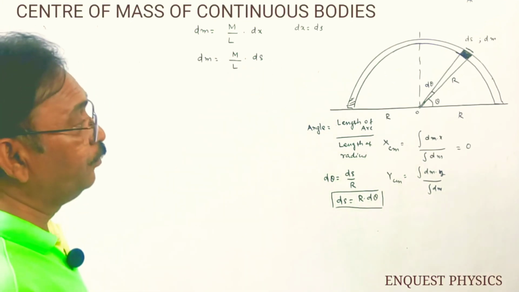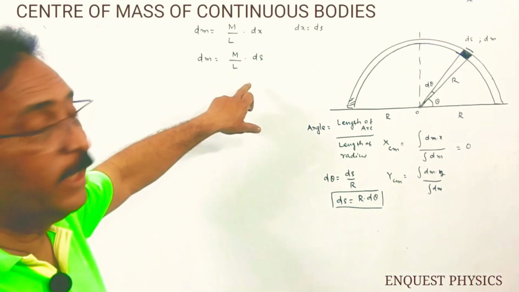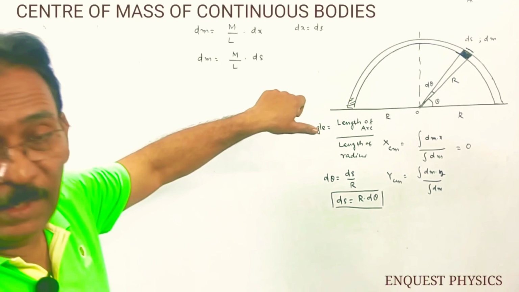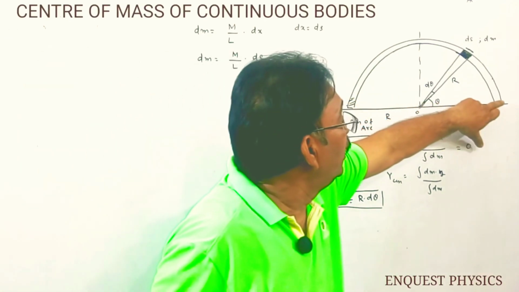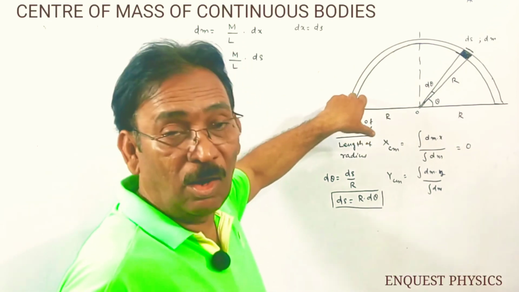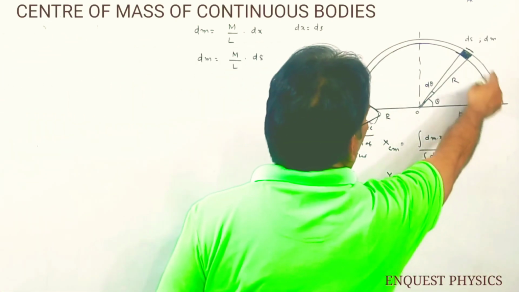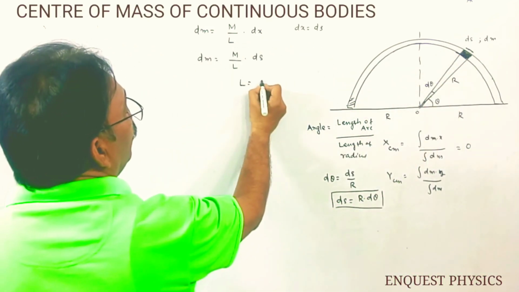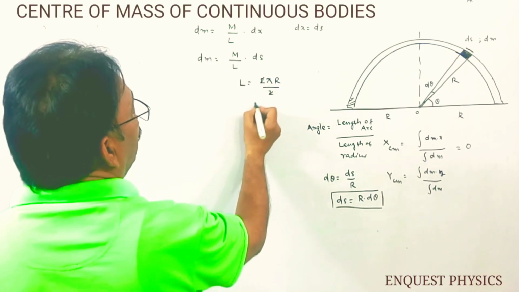But what is the length? In the previous case it was a rod, so we took length as L only, but it is bent in the shape of a semicircular arc, and you know that the circumference of the circle is 2 pi r. Then this length L is equal to 2 pi r by 2, which is equal to pi r.